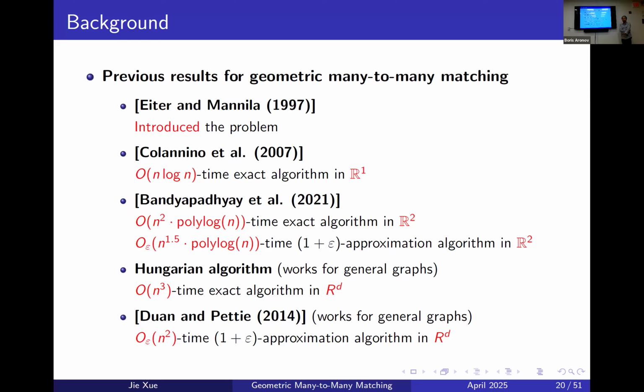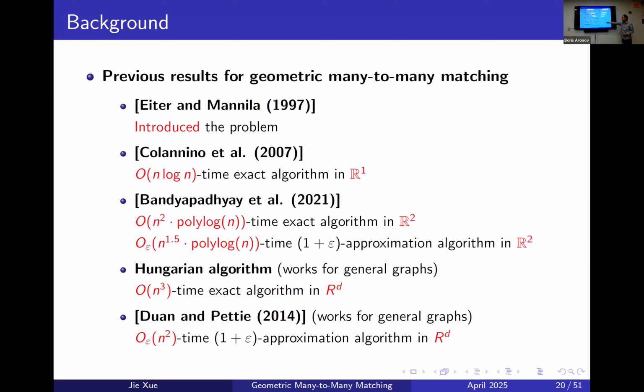I should mention that the minimum weight perfect many-to-many matching problem is polynomial time solvable in any graph, not only geometric graphs. You can use the Hungarian algorithm to solve it in n cubed time, because you can reduce it to minimum weight 1-to-1 matching, which is known to be polynomial time solvable. Using this algorithm, you can solve the problem in any dimension in n cubed time.